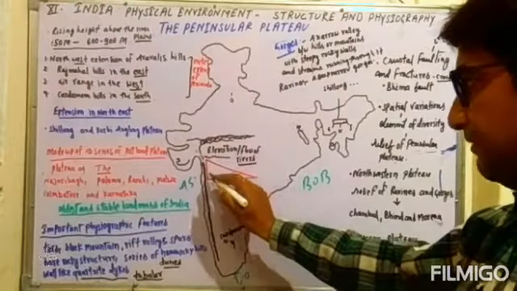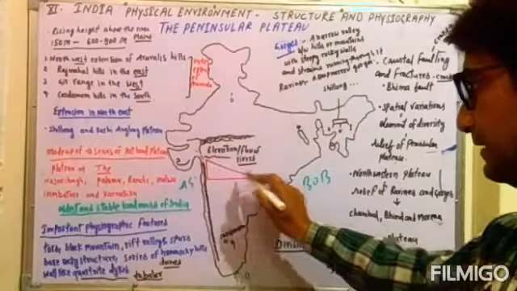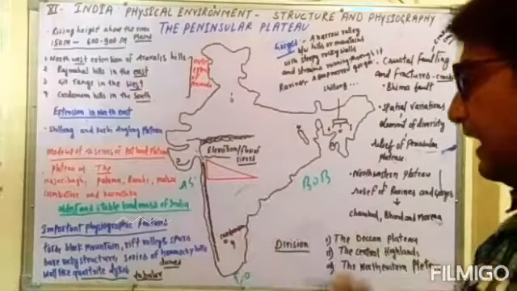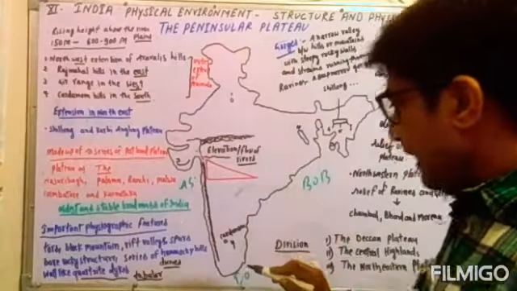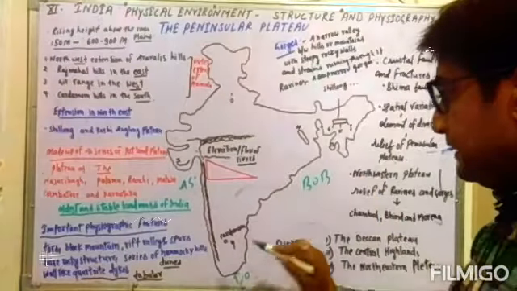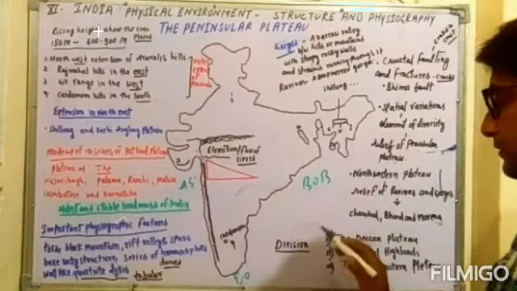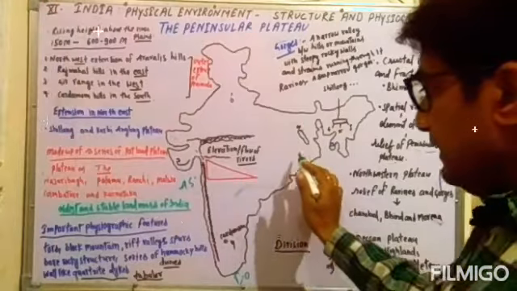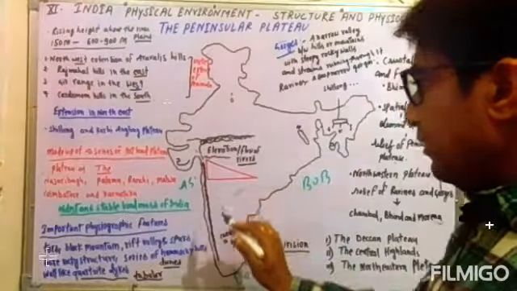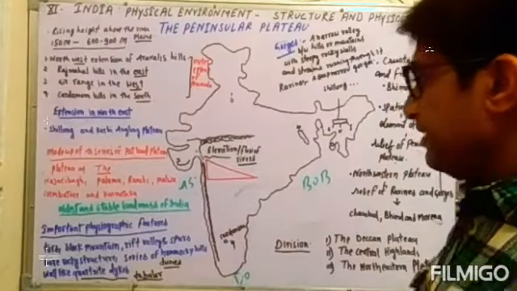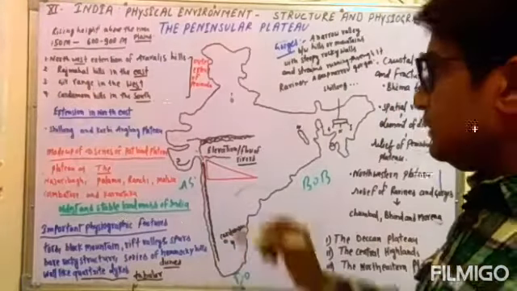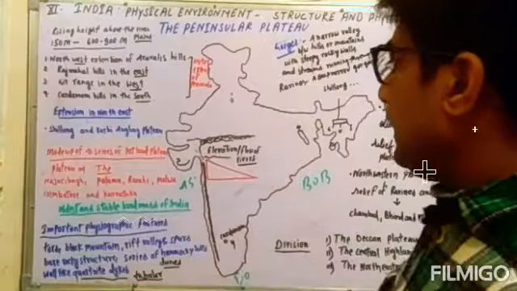These are high elevated areas and slightly decrease in height. In the eastern direction of South India, they are slightly lower in height than the western part. This is very important.